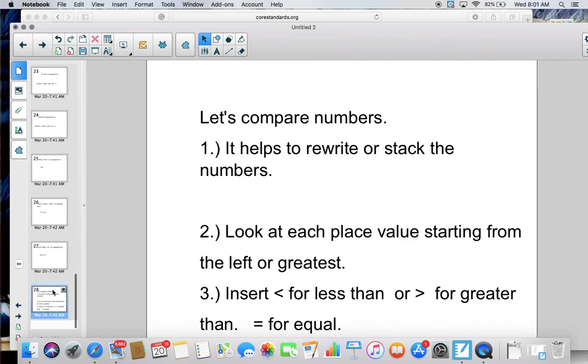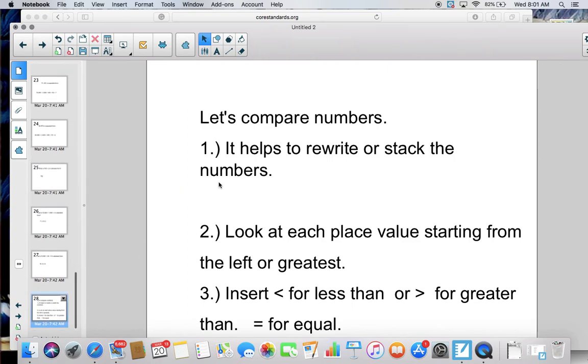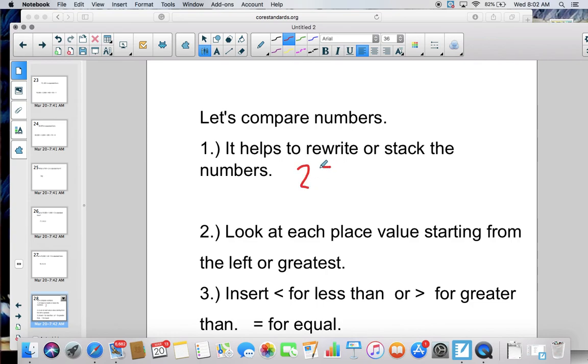Okay. Next one is to compare numbers. So again, when you're comparing numbers, it helps to rewrite or stack the numbers. So for example, if I was saying 25 is less than or greater than 26, I'm going to stack them. I'll put a 25 right underneath. I'll put a 26. And then I'll look at each place value starting from the left. Okay, the 2's, they're the same.